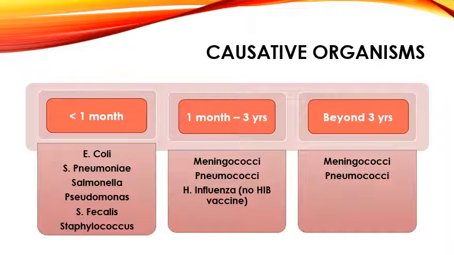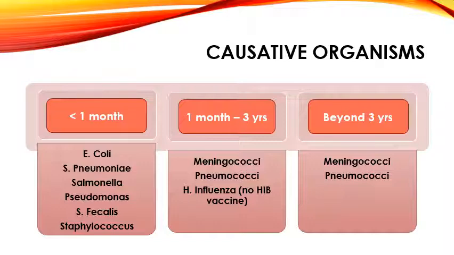Between 1 month and 3 years, the common organisms which are seen are meningococci, pneumococci and H influenza. Nowadays, we have started vaccination against H influenza, that is, HIB is being included in a national schedule. So the infections which are caused by H influenza have decreased. And beyond 3 years of age, the common organisms which are seen are meningococci and pneumococci.